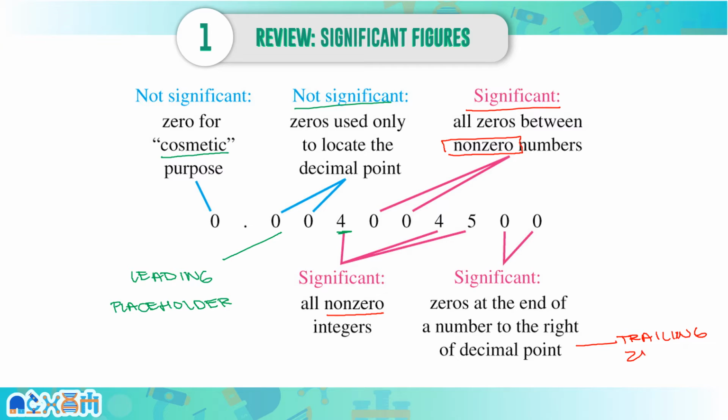And trailing zeros are significant. They have their own value. However, there's a rule here. Trailing zeros are only significant if a decimal point is present. Meaning, if there's no decimal point here, this will be deemed not significant. But in our case here, meron, so they are significant.